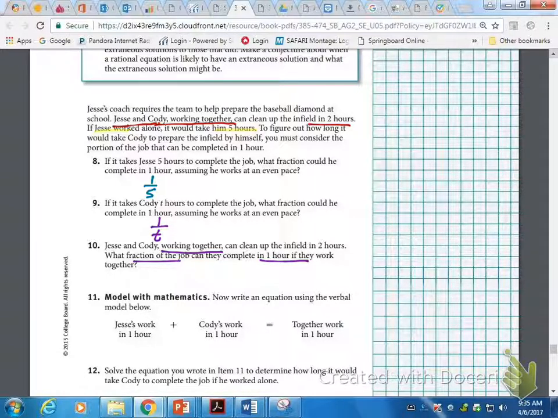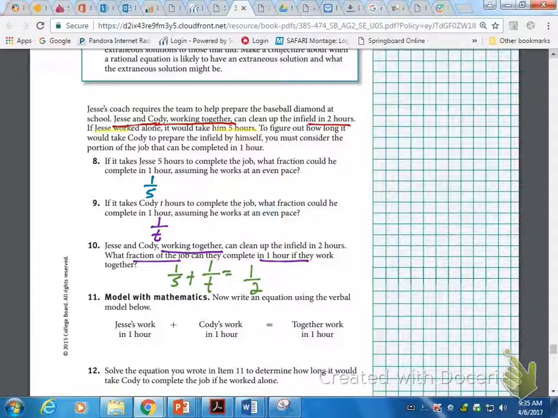So together, that brings the plus in, right? So we have Jesse, who is 1/5, plus Cody, which is 1 over T. We're not really sure what Cody's is, right? They didn't tell us. And together, how much of the task will be done in 1 hour? Only 1/2, right?